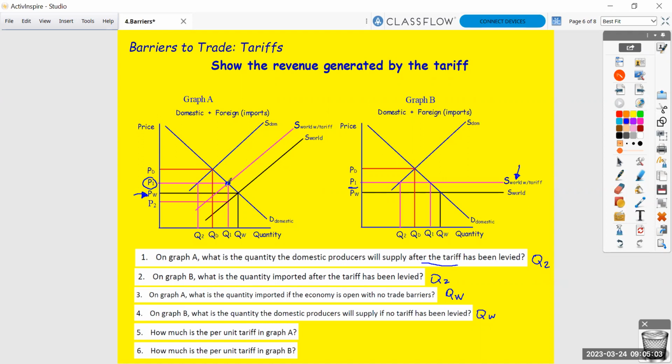In this graph, my per unit tariff goes from the new world supply with tariff down to the old world supply. So our per unit tariff is P1 minus P2.